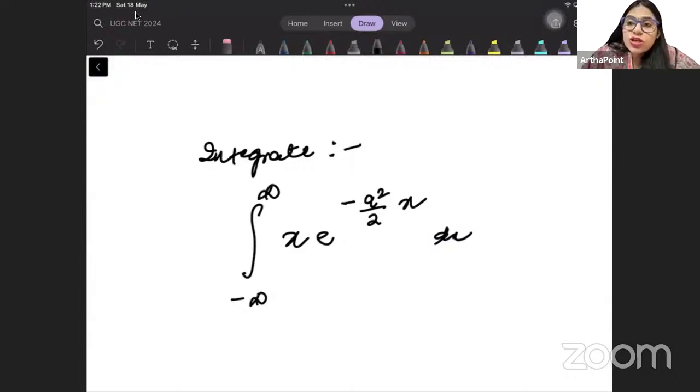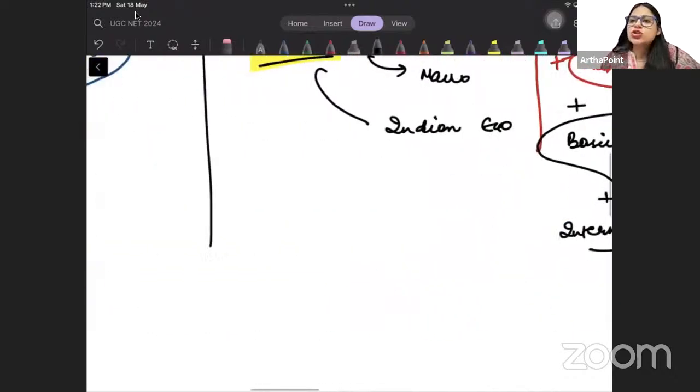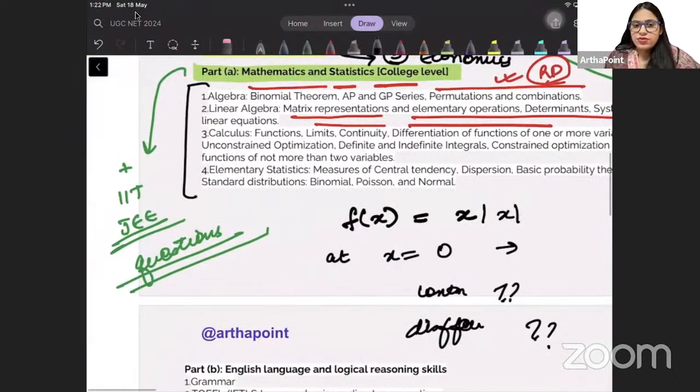You need to know how to integrate. Can I do some kind of substitution? Or can I use by parts? What will I do to integrate this function? Such kind of integration you have to be aware of.